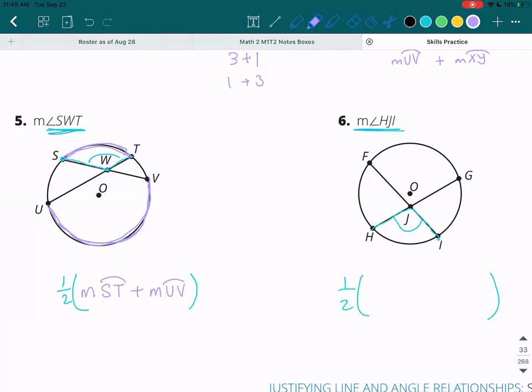FG is one of them, good, and HI? HI, good. So measure of arc FG plus measure of arc HI. Good job.